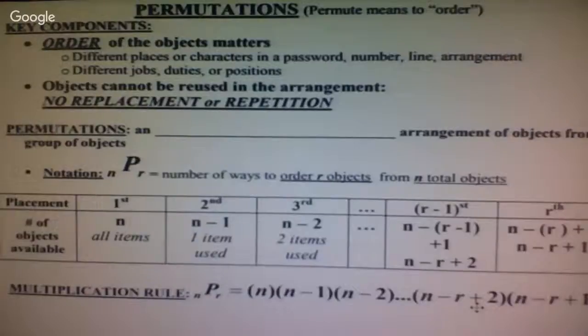If I just said 7 people are running for student council, those aren't positions. Everybody has the same spot in student council. You have to be specific for a permutation. Objects cannot be reused in the arrangement. No replacement or repetition. So permutations is ordered. That's our big word for this section. Ordered.